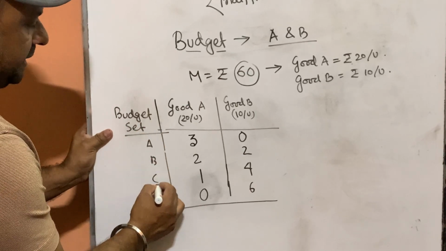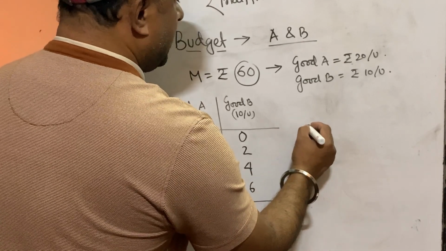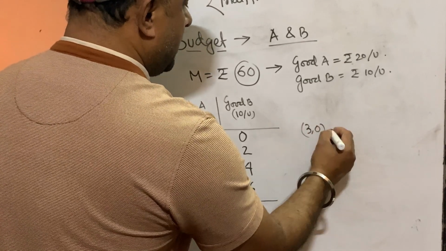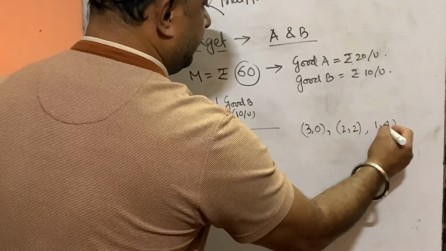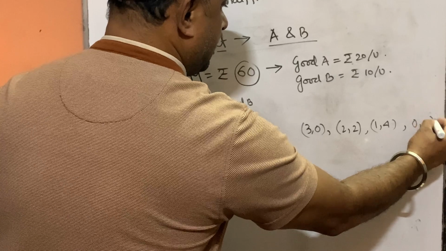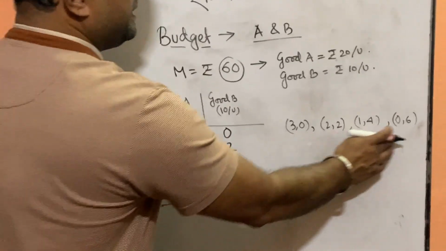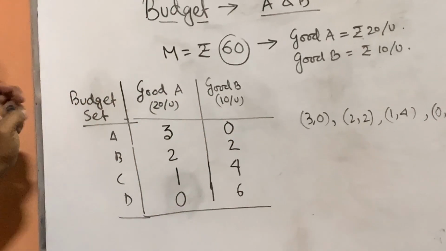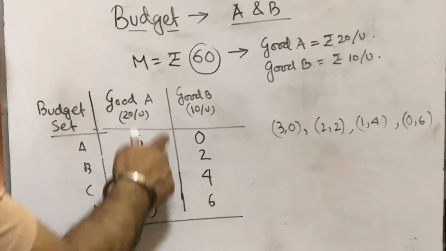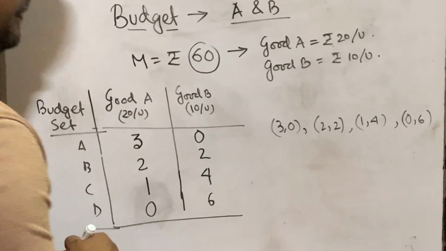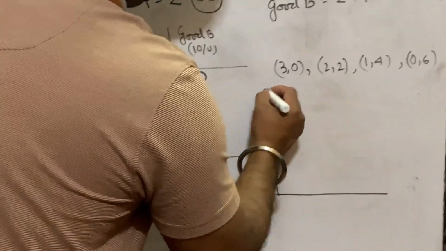A, B, C, D are the budget set. So budget set means the different combinations of two goods which the consumer can purchase. These are the budget combinations which he can purchase by spending rupees 60 on good A and good B.